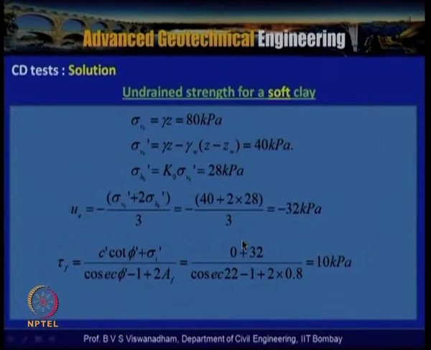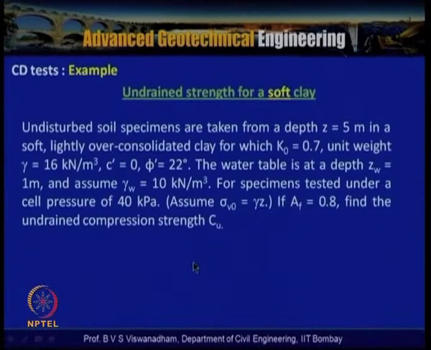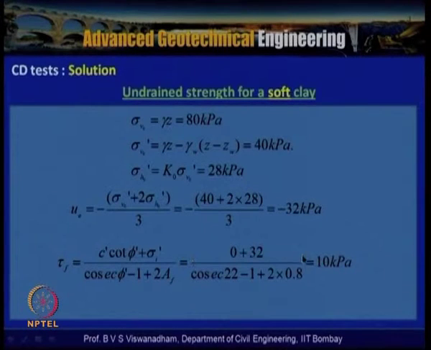And tau f now is C' cot phi' plus sigma I', which is obtained as 32 kilopascals, that is UE, equal to sigma I'. So cosecant phi', where phi' is given as 22 degrees, cosecant 22 minus 1 plus 2 into 0.8. So with this, the shear strength at failure works out to be 10 kilopascals.